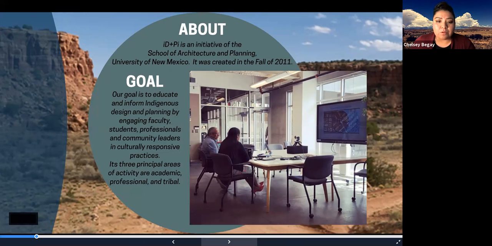And in that, we work with 3 different areas. We work within the academic area, which is our school. We work with professionals in case professionals need the assistance of us. We are there to help them. And then if tribal communities come to us with different projects that we're able to help them with, then we certainly try and do that.